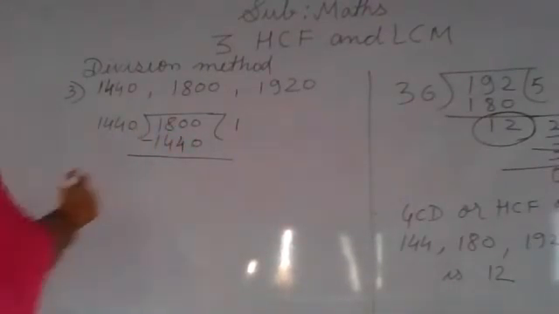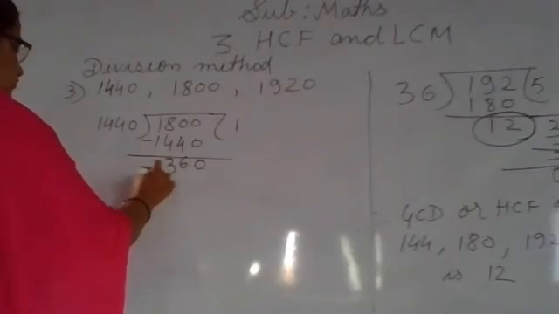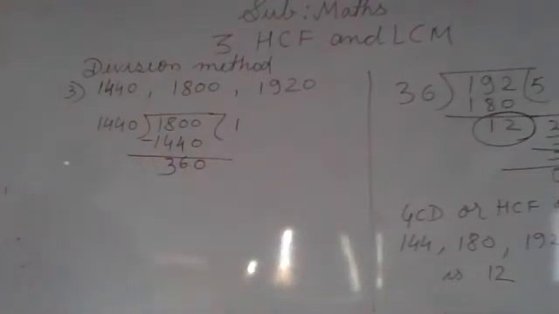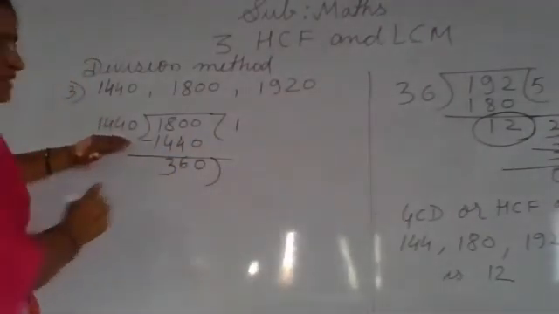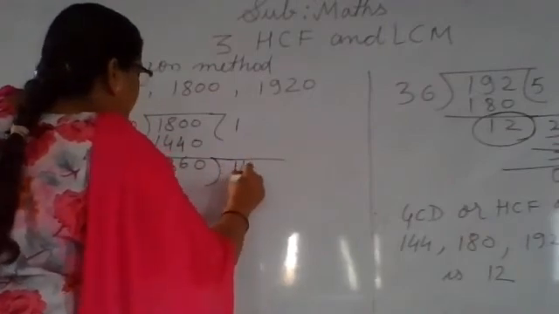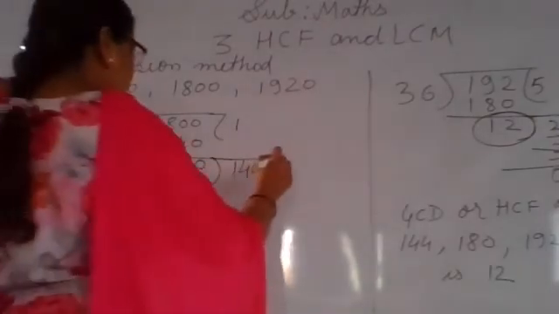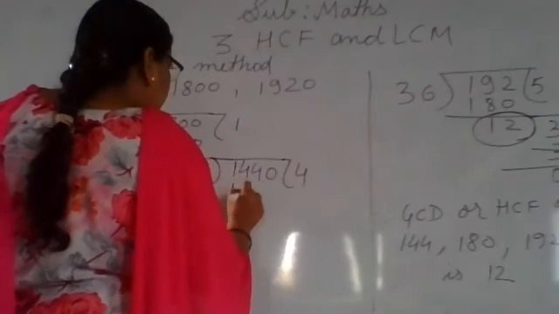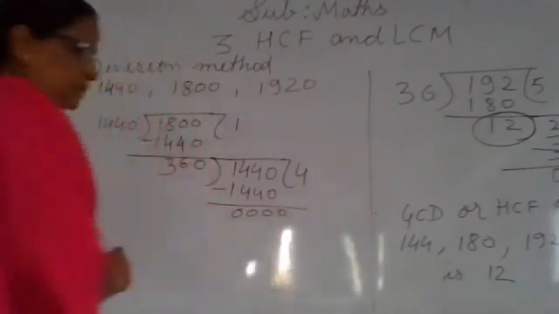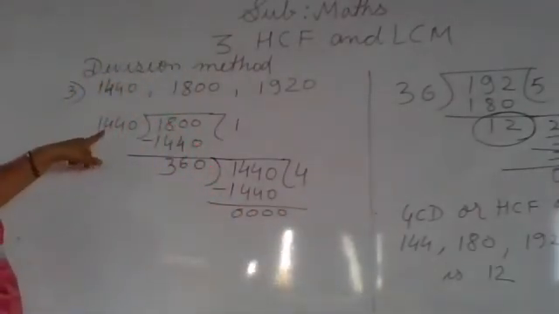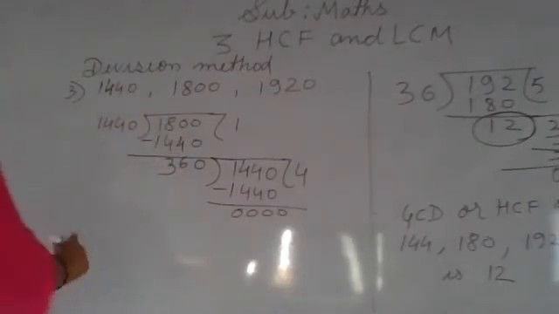So what is the remainder? 0 minus 0, 0. It is 6 and it is 3. So what is left beta? 360. Okay, so it is the remainder. Now we'll take the first divisor. Okay. So 360 fours are 1440. Therefore, the HCF of 1440 and 1800 is 360.